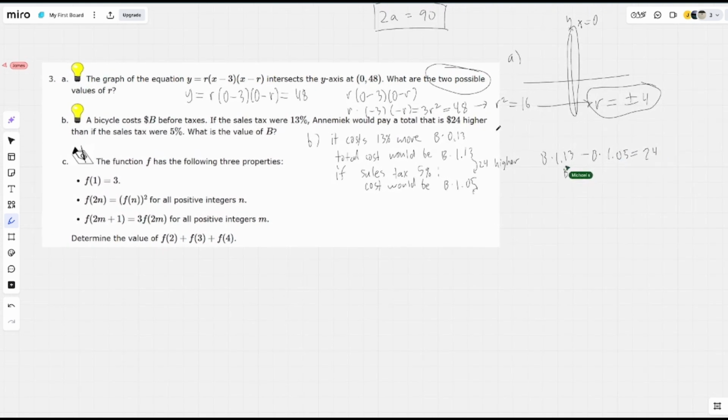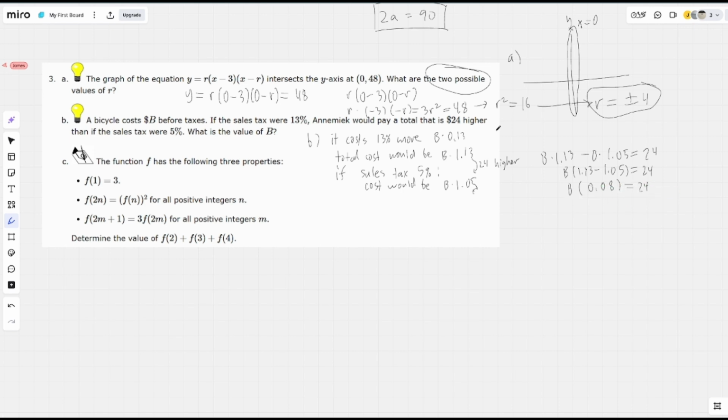So that means we can group the B's. The remaining is 1.13 minus 1.05, equal to 24. And here we can do B times 1.13 minus 1.05, that's just 0.08, equals 24.